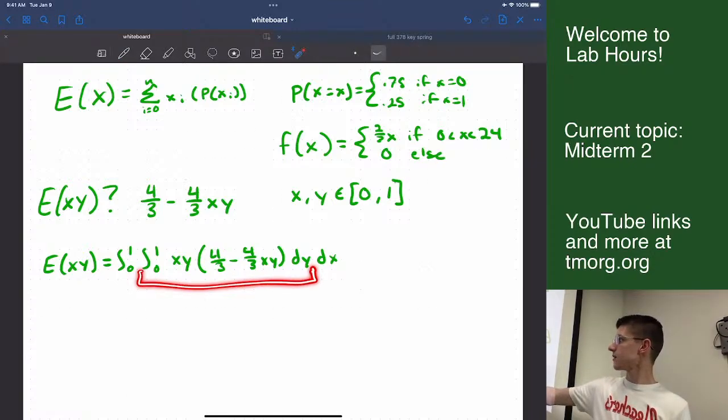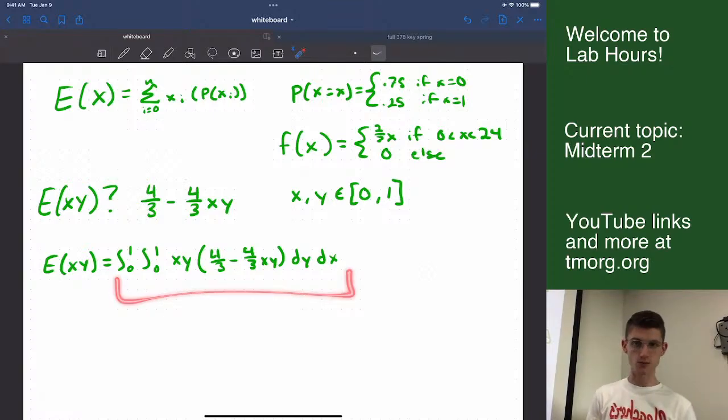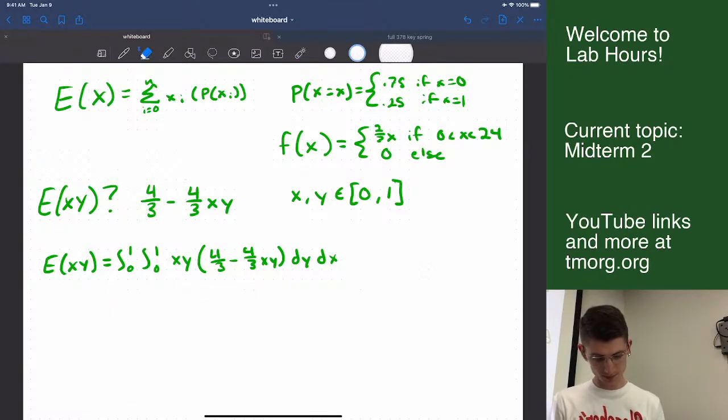I'd work on this integral first, and I'd have to distribute the thing. I would recommend that you distribute the thing through, because if not, you have to do a chain rule, and it's really annoying. And then I'd do the integral of y first, get y taken care of, and then I'd go outside to do the x's with whatever's left in the middle. Okay?